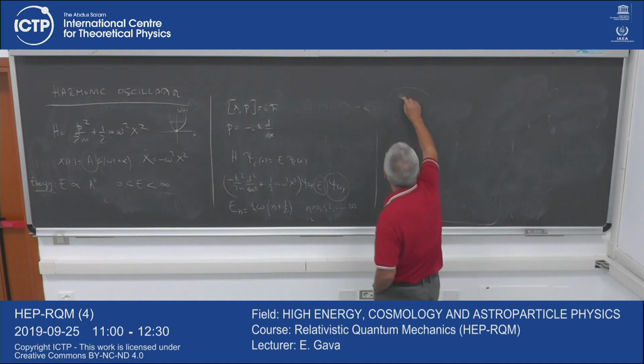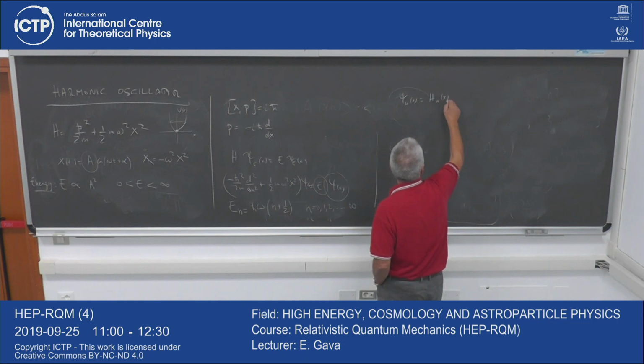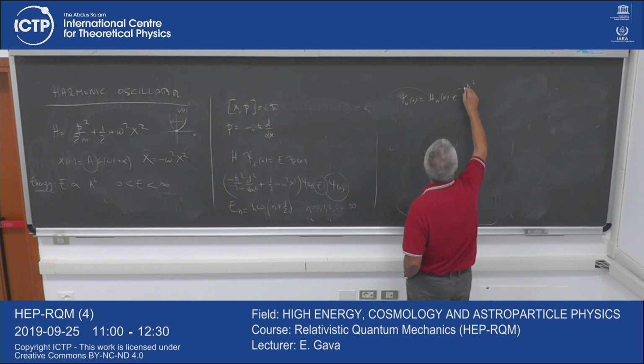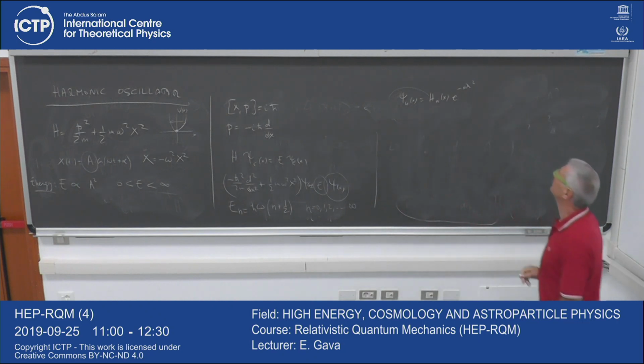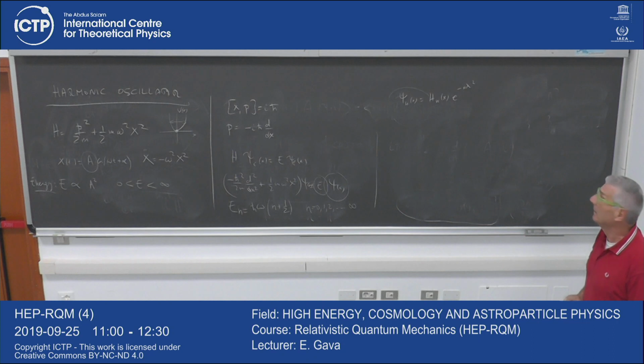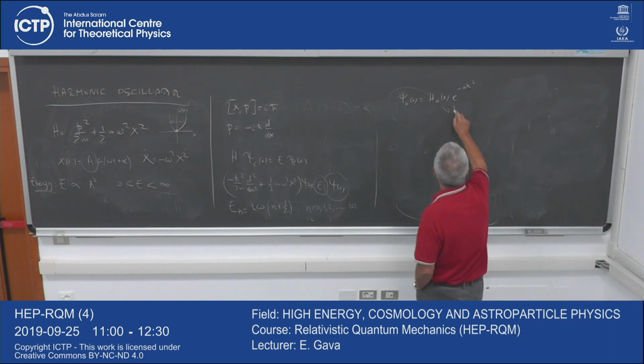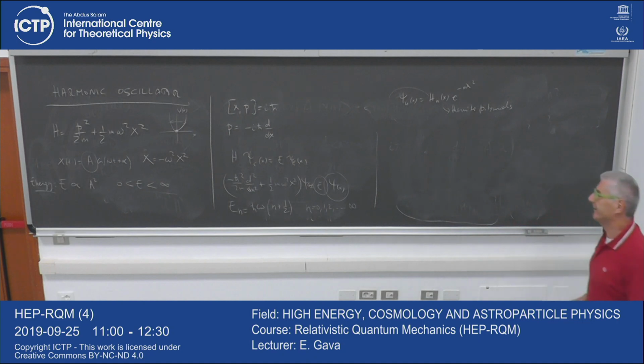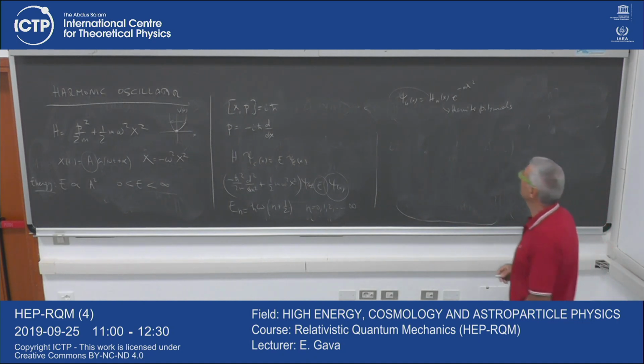The psi_n's are Hermite polynomials times some Gaussian in x squared times some number here, okay? And this is the more difficult way of going about solving the problem.